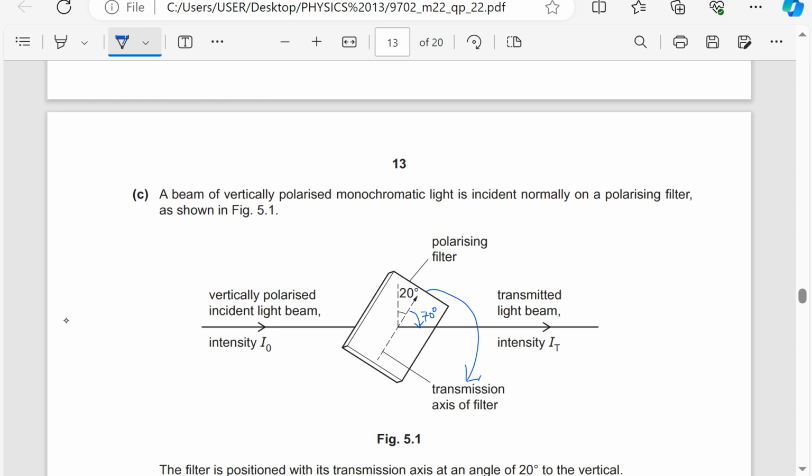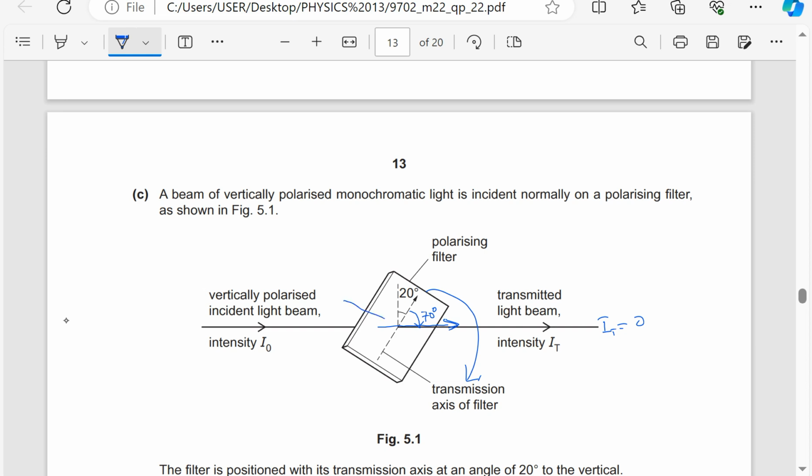So the intensity decreases as the angle from the vertical increases. By the time it is here, transmitted intensity becomes 0. If we continue rotating the axis, after the horizontal the transmitted intensity starts increasing. Of course, the rate at which it decreases should be the same as the rate at which it increases.